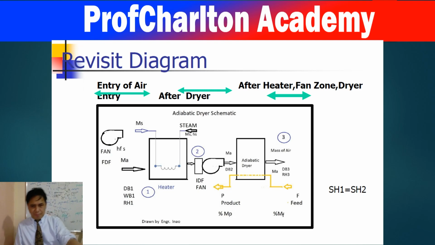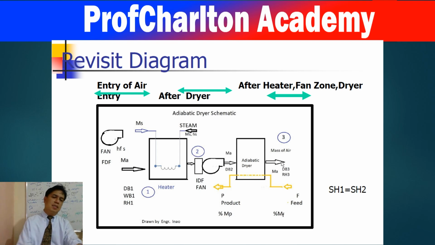So this again is the schematic diagram. First the air enters the heater. This is point 1, and then at point 2 it enters the dryer already. So here is point 2. You can get the dry bulb 2, then the airflow M sub A, and then this adiabatic dryer, and the discharge, you can term that as point 3.